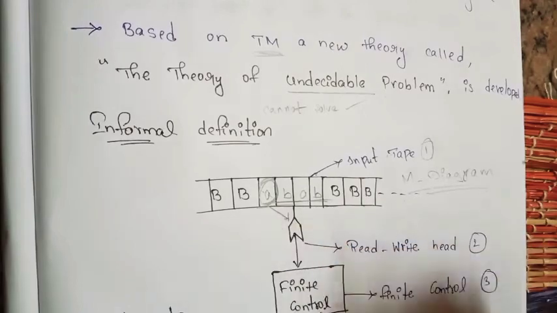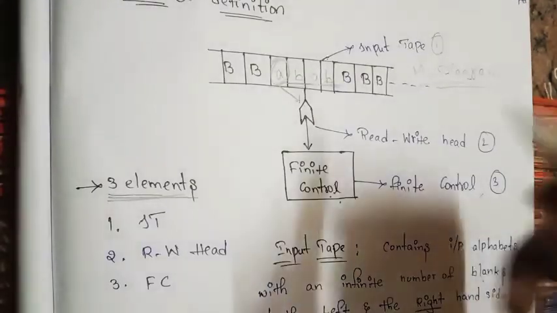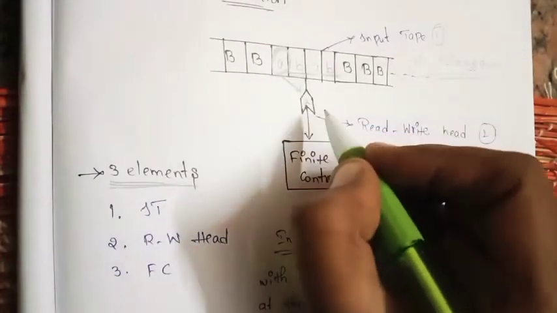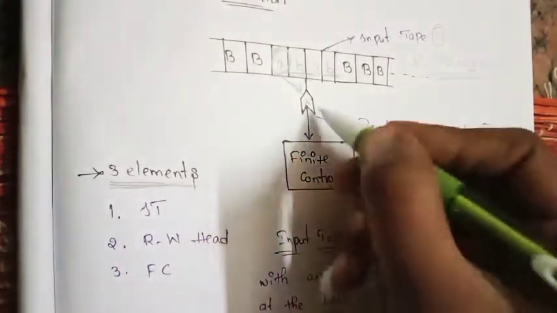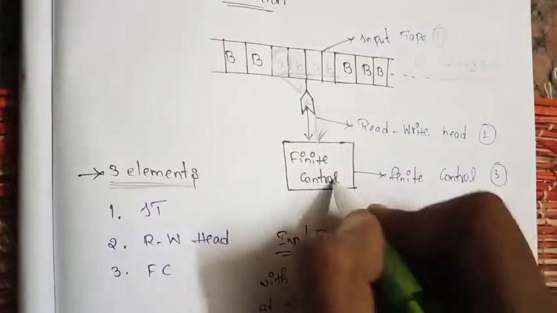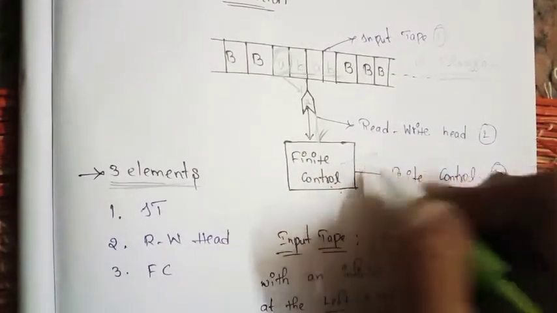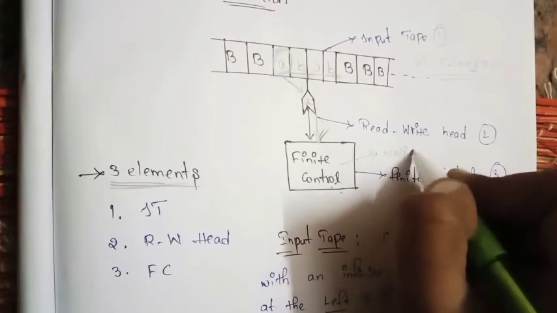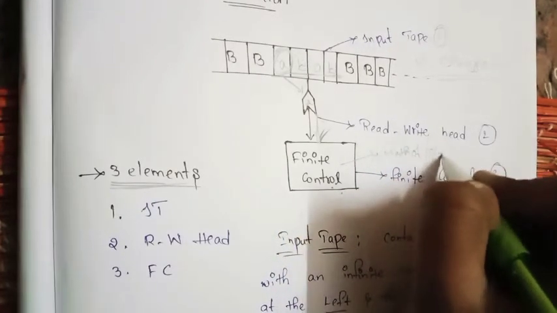It will take the input symbol and send it. So if it contains A, then it will send that A into the finite control. So this finite control should have one method, or it should be in one state.